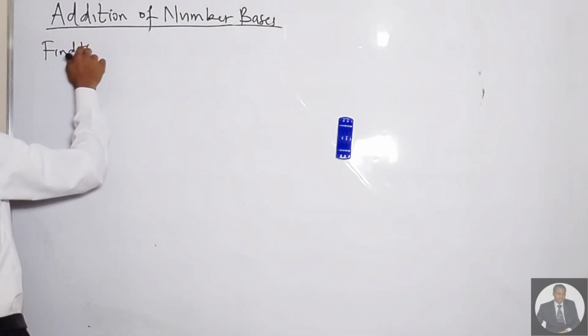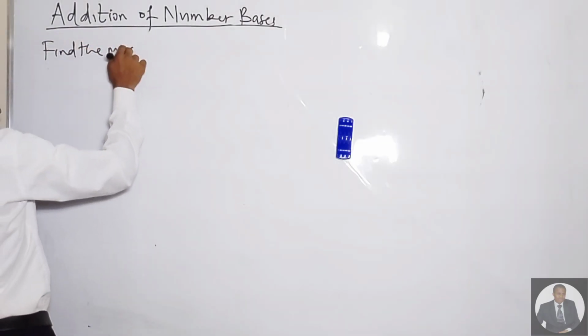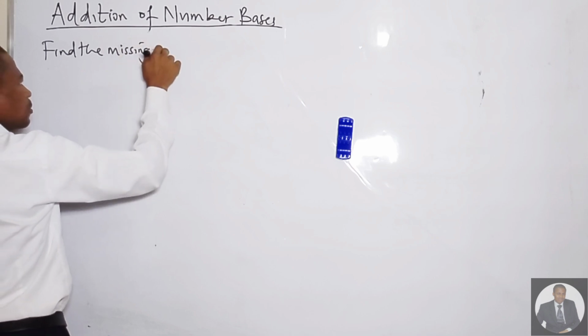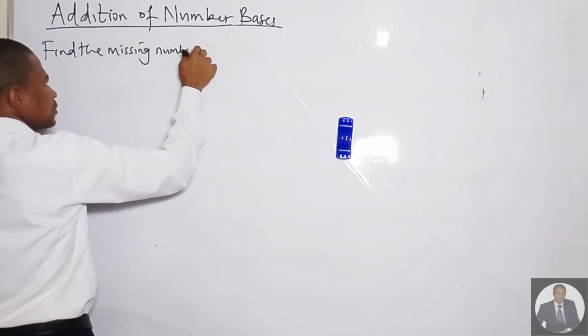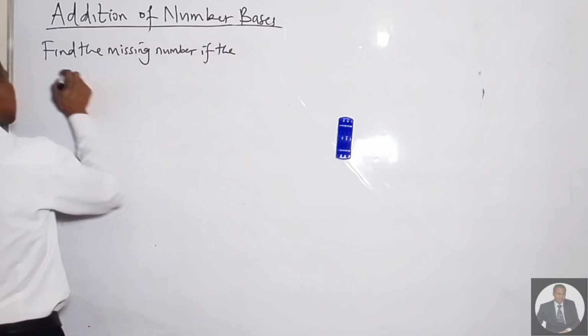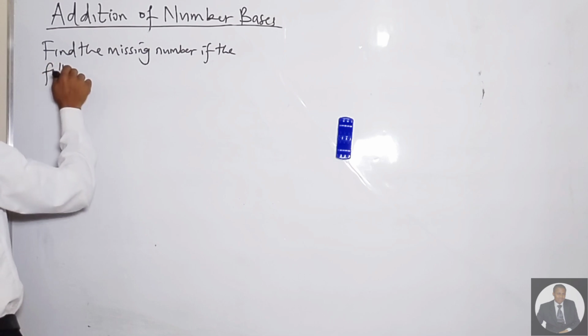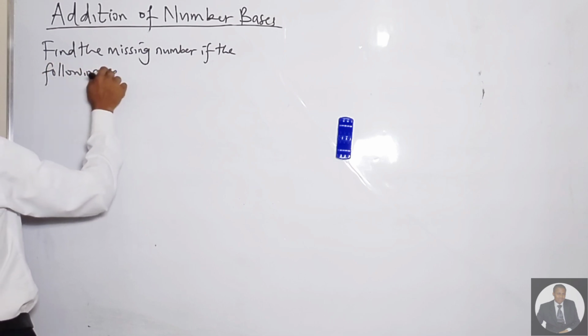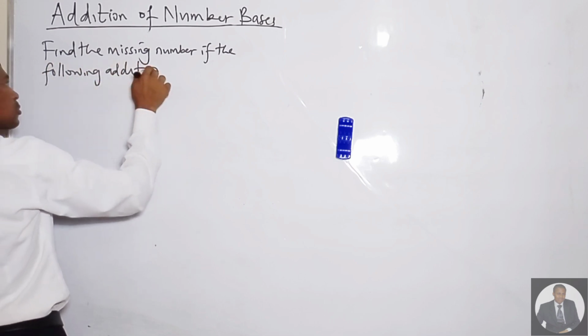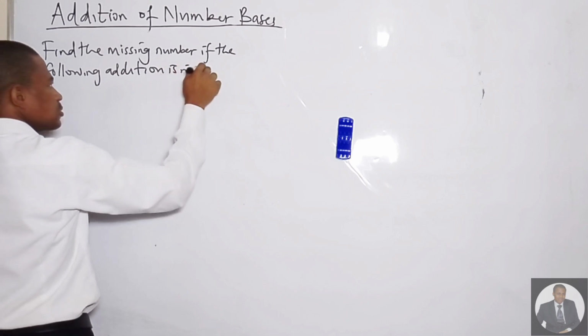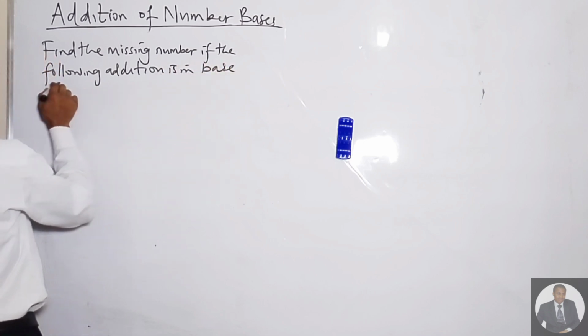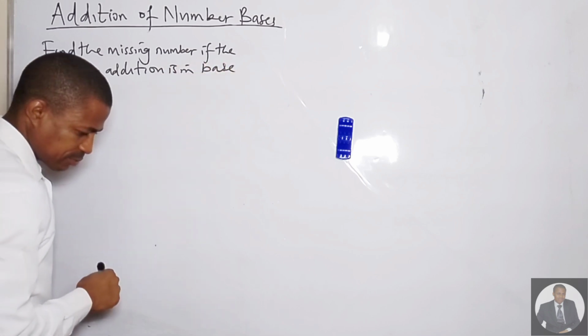Find the missing number if the following addition is in base 5.